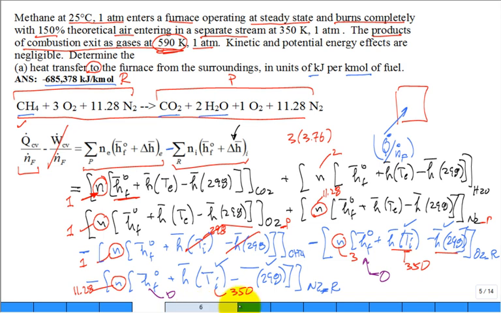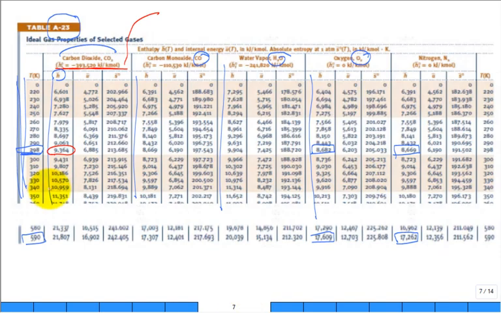Man, I'm making too many mistakes. So for the 350, where's 350? This is 350. So for the incoming, we need that difference for the nitrogen and for the oxygen. For the outgoing, the products, that's the difference and the difference for both the oxygen and nitrogen, because we have both of them in the products.